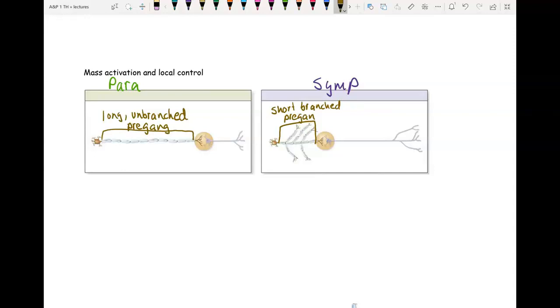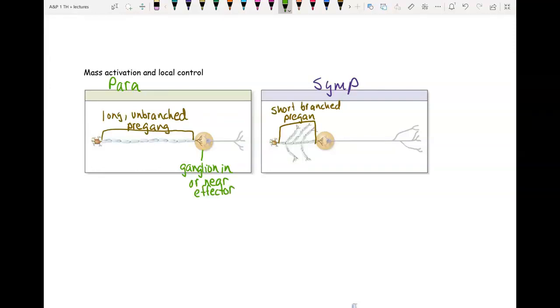In parasympathetic, because the ganglionic is so long, you end up with the ganglion in or near the effector. So you have 2 types of ganglion.